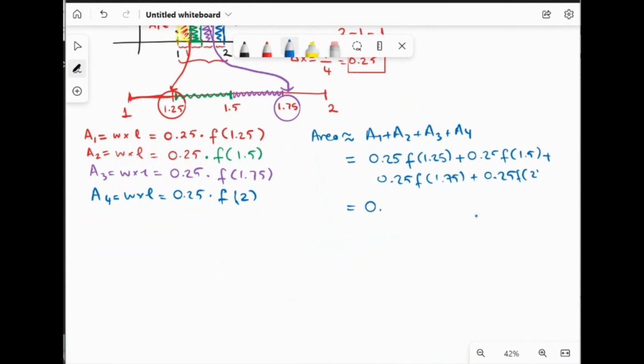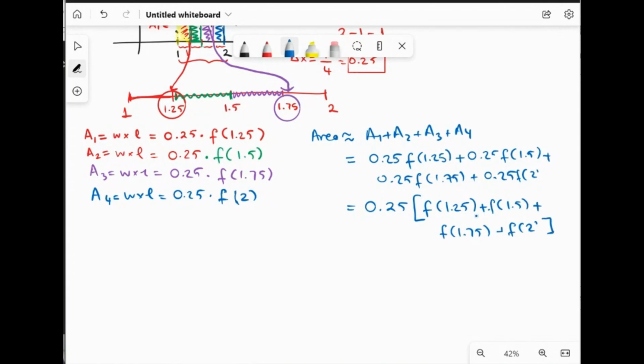So we can in fact factor out the 0.25. What we need to do is just plug in and evaluate the function at these points.